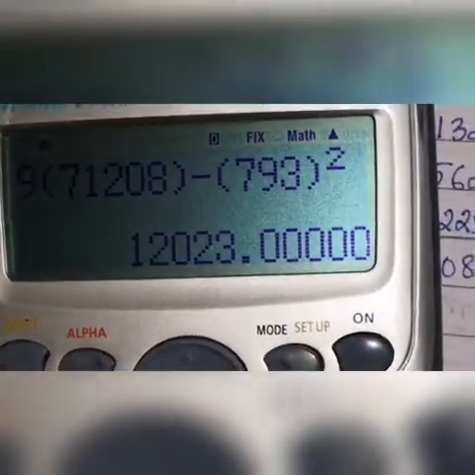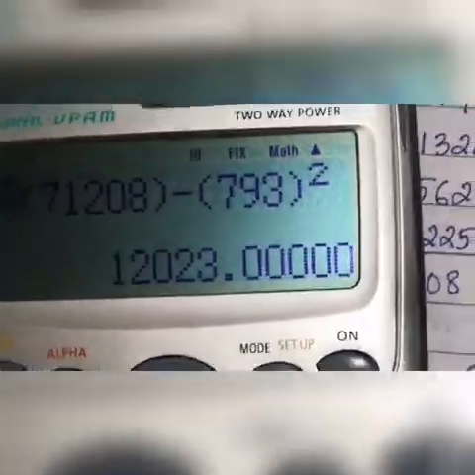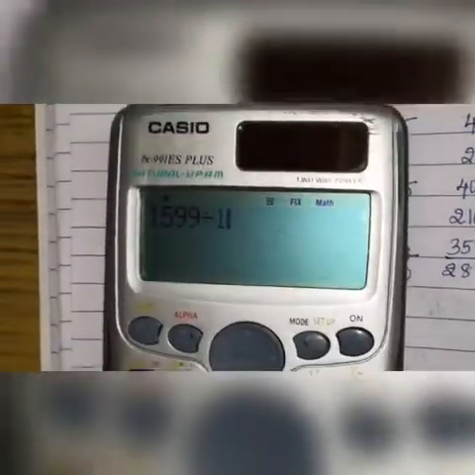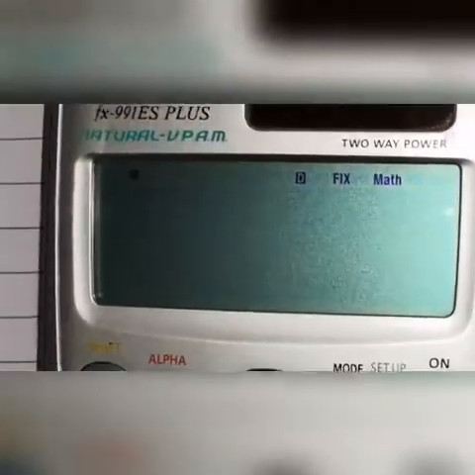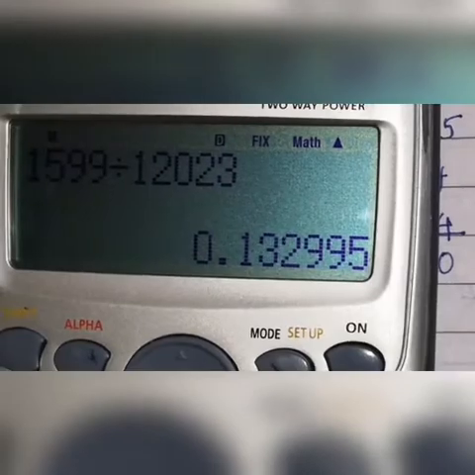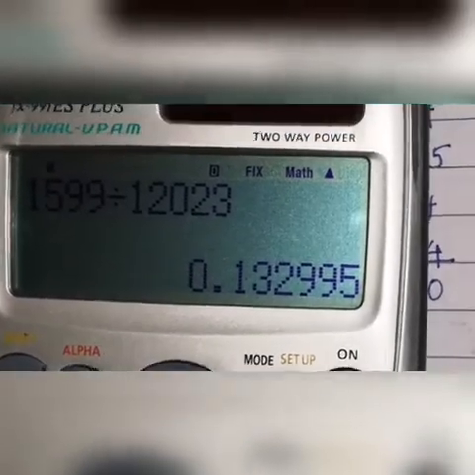This is 12023. So the answer will be 1599 by 12023, which is equal to 0.1329. So we got a regression coefficient.